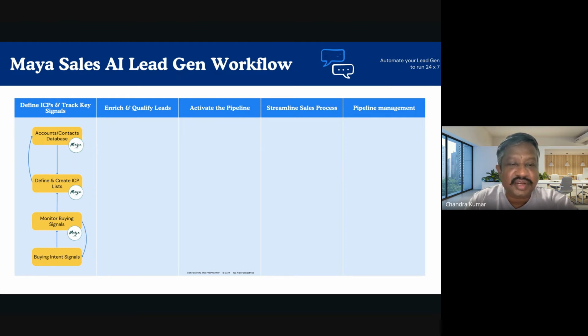Once you are clear about your ICP, you are also able to understand what keywords they may use when searching for solutions, products, and services similar to yours in the marketplace.